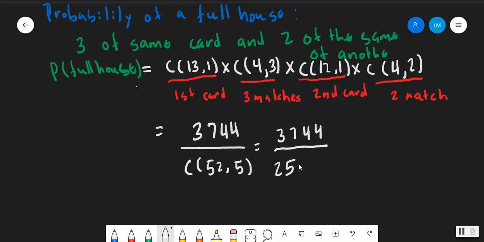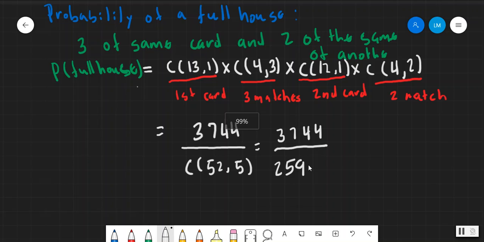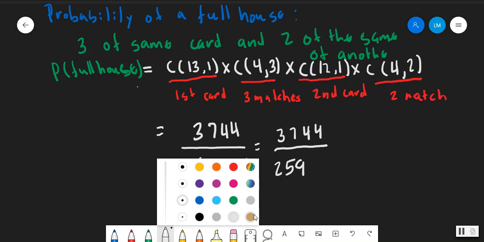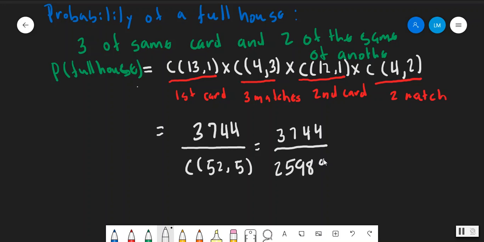So that's going to be 2,598,960, well, you're going to get that that's going to be 0.00144.